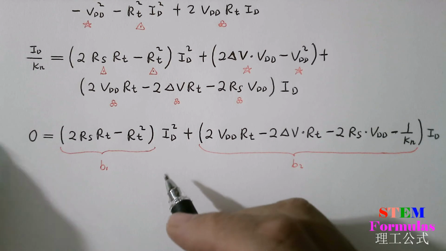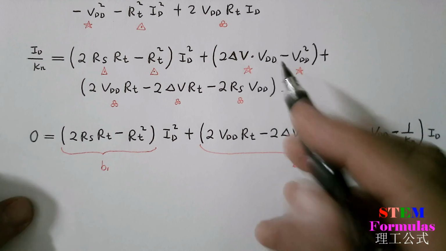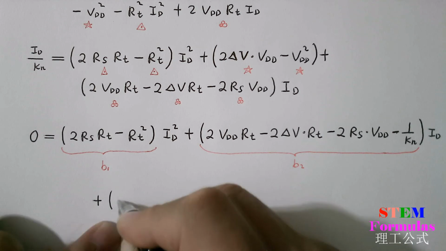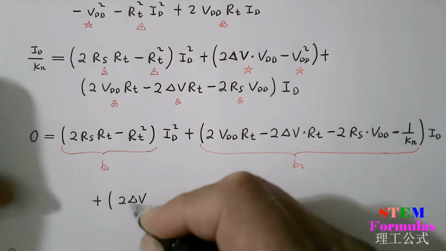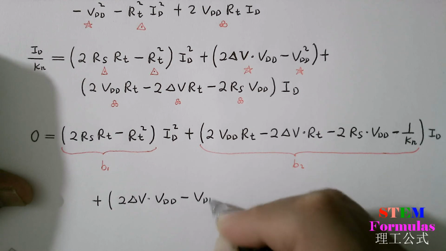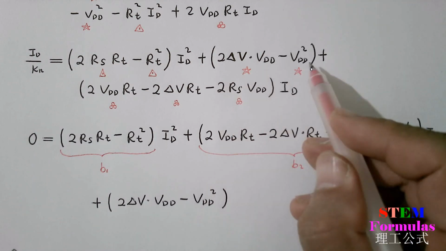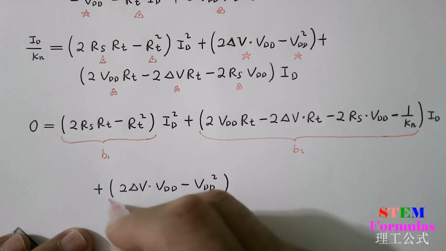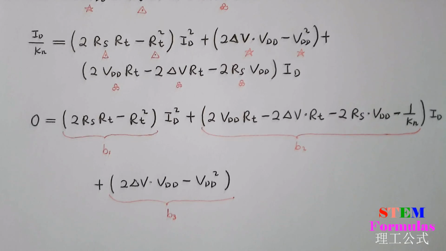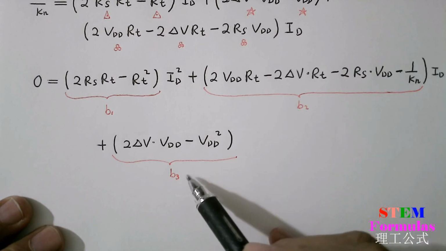And this term has nothing to do with ID. I write it here, plus 2 times delta V VDD minus VDD square. This term I call B3. Now I have again a quadratic equation for ID.